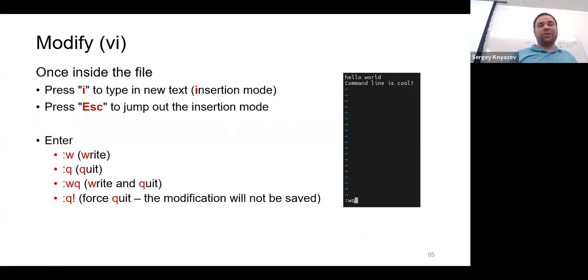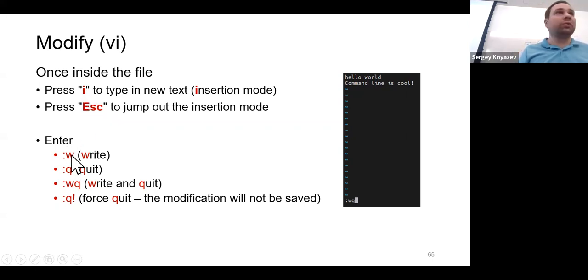So here, on this slide, is the list of commands that you're going to use when you are in command mode. To go to insert mode, you press I. When you finish, you press escape.